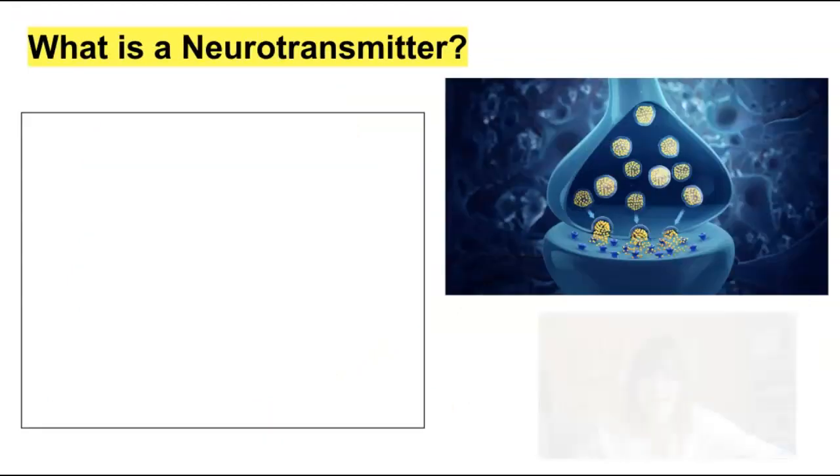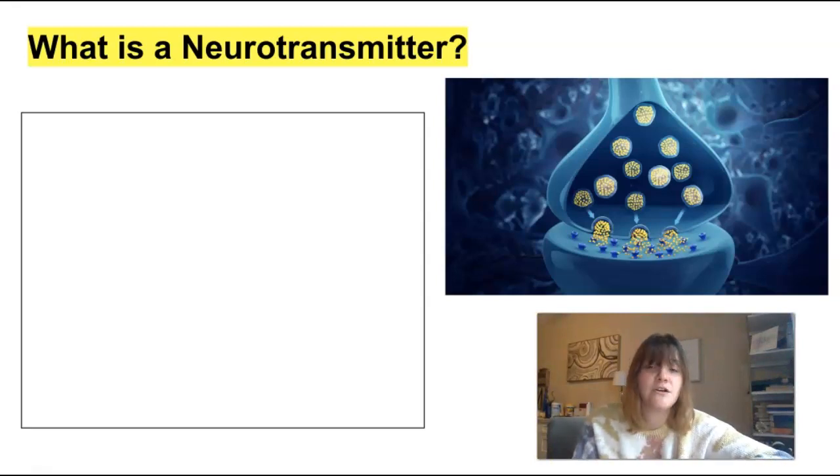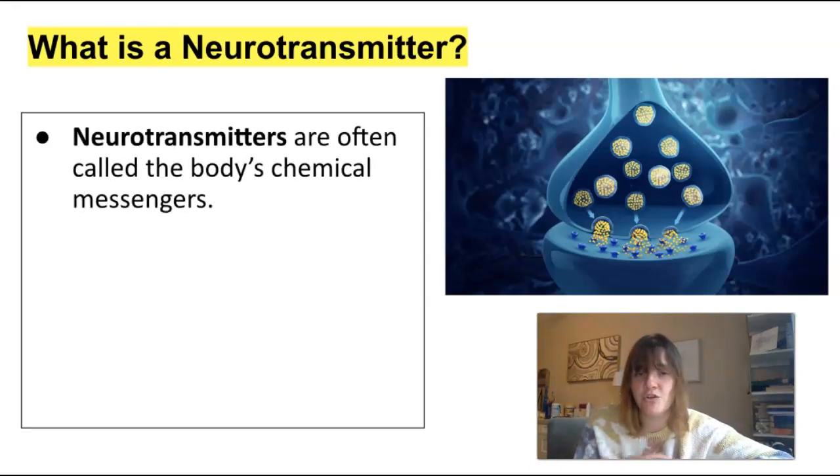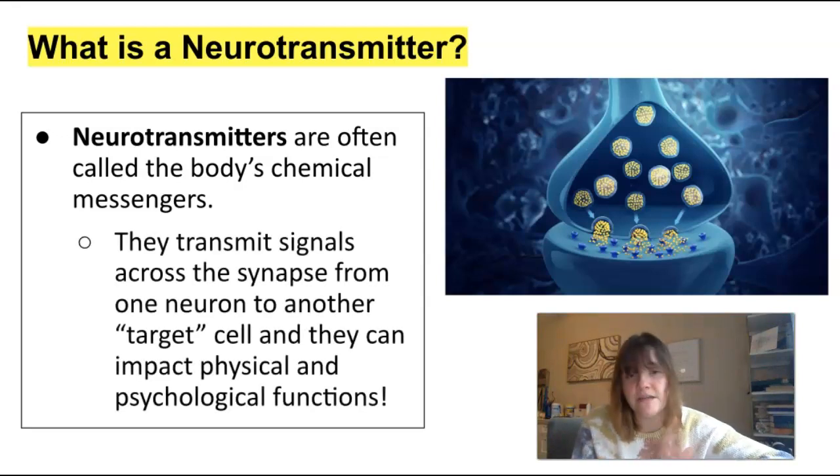Okay, and then last but not least, I just wanted to talk for a second about what a neurotransmitter is, and this is going to tie into your final activity for the week. So neurotransmitters are often called the body's chemical messengers. They basically transmit signals across a synapse from one neuron to another target cell, and they can impact your physical and psychological functions. You've probably heard of a lot of these neurotransmitters before.